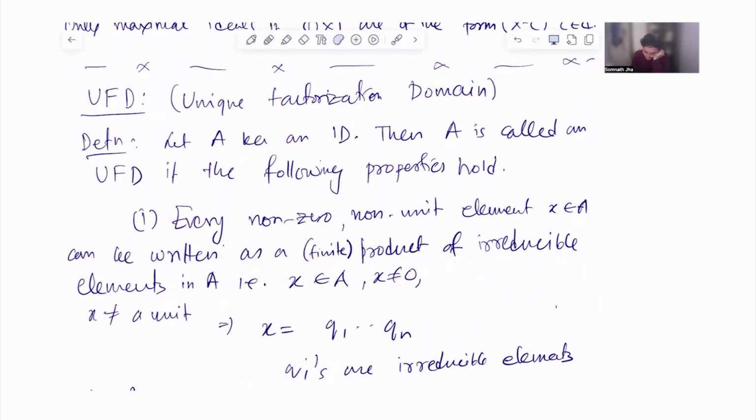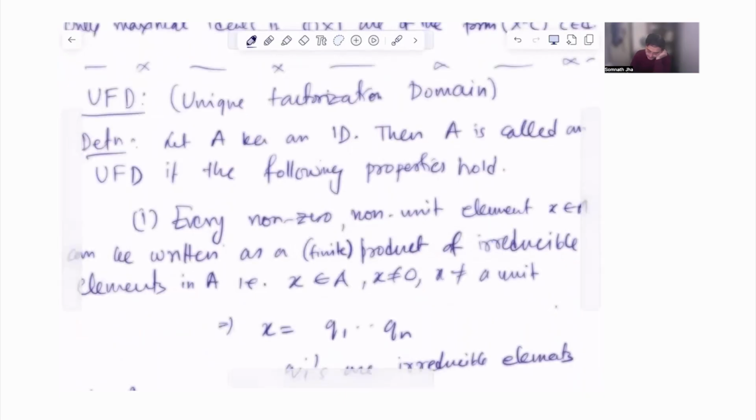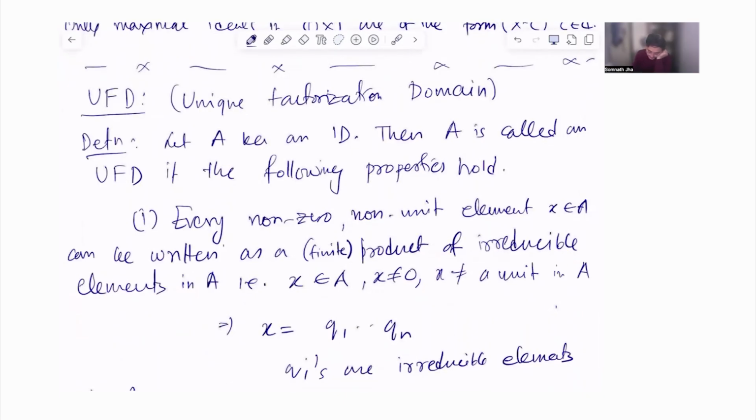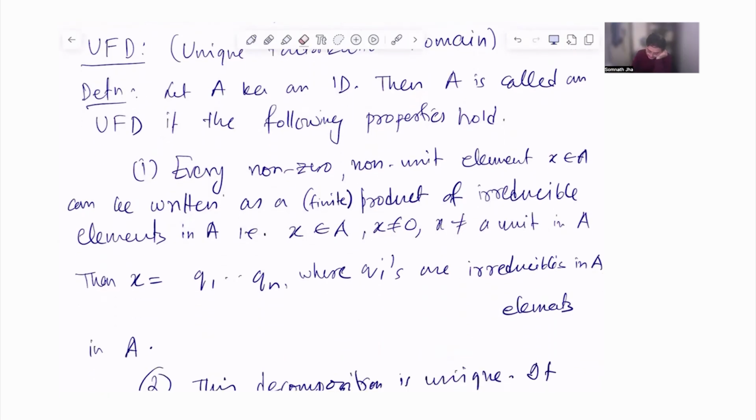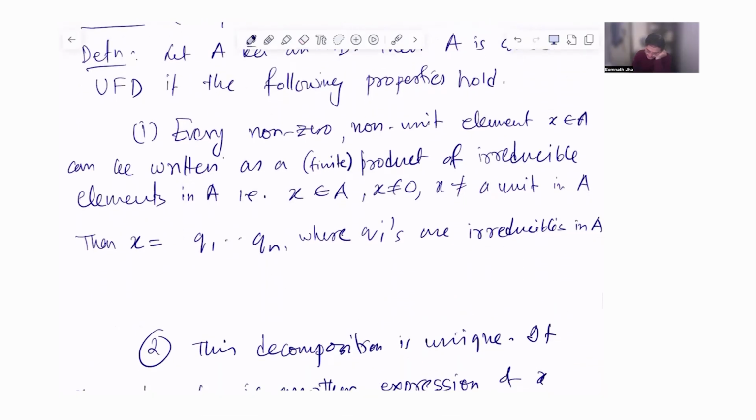In mathematical terms, let x in A be non-zero and not a unit in A. Then x can be written as x equal to q1 q2 up to qn, where the qi are irreducible elements in A. That is the first condition: it can be factored into irreducibles.